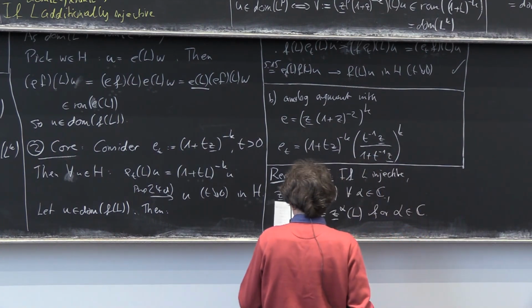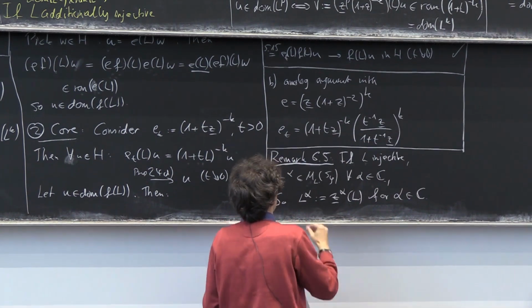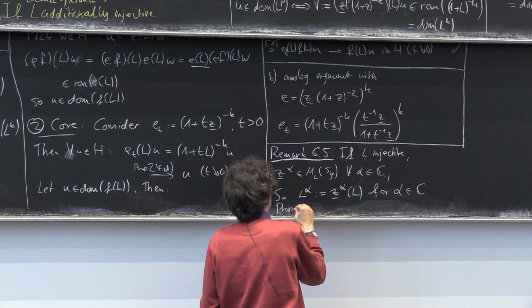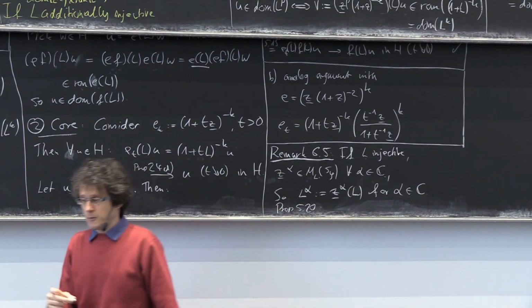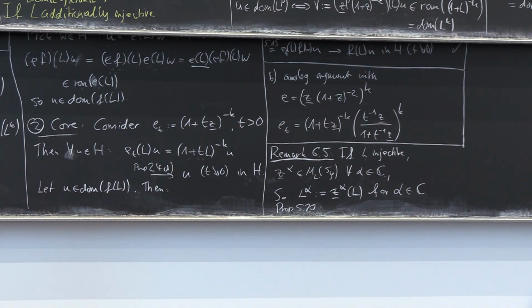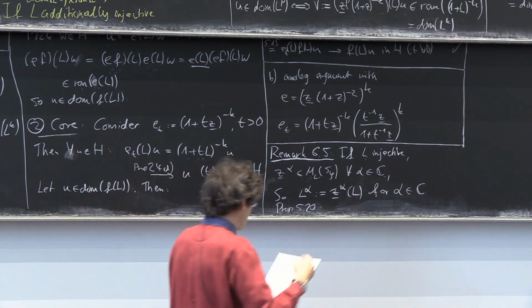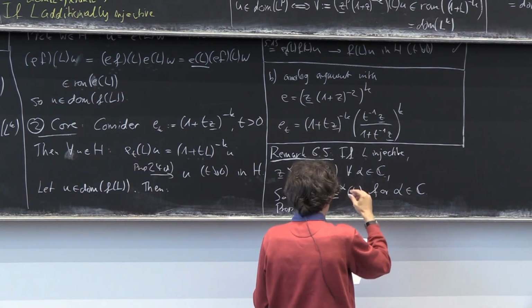for all complex exponents. And then at the end of the last lecture we had this Proposition 5.20, which told us what happens if you have two functions f and g such that f times g is 1. If one of the two is injective, if f of L is injective, then g of L is injective too, and the two are inverses of each other, and this is exactly the right thing to apply here.